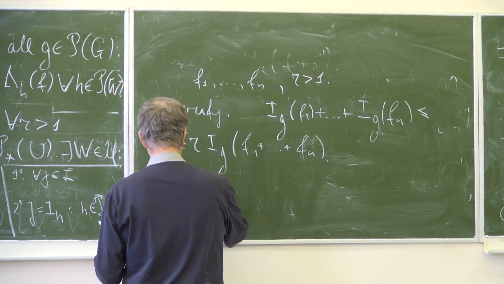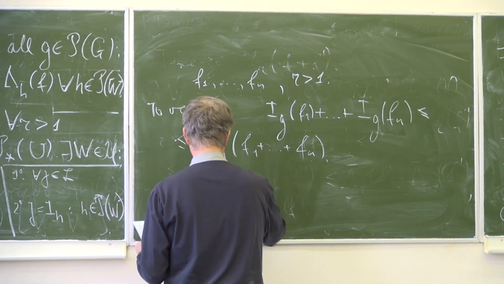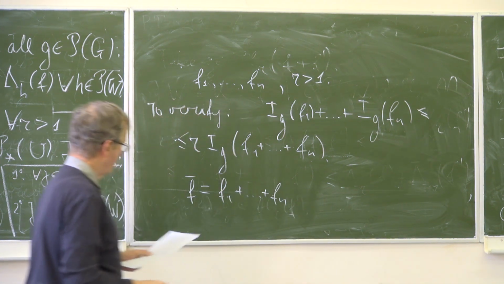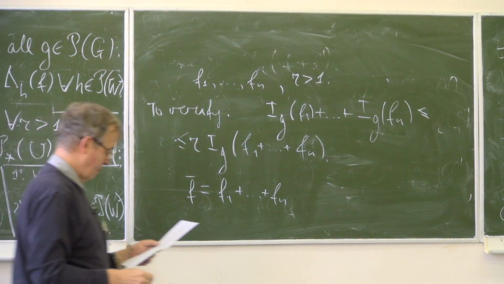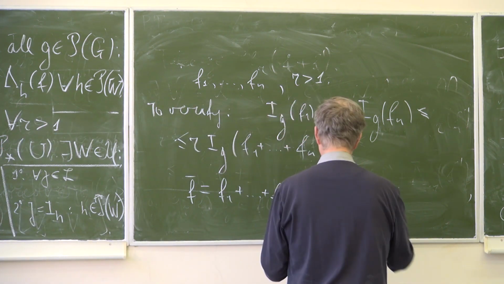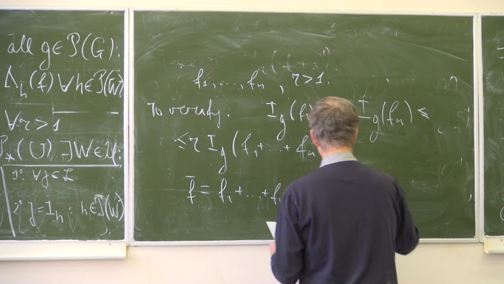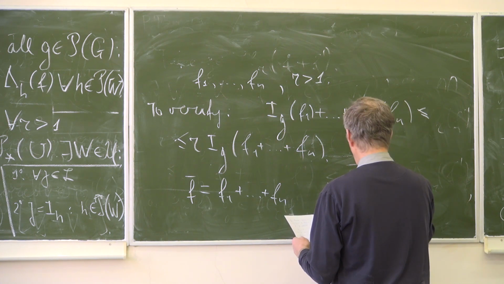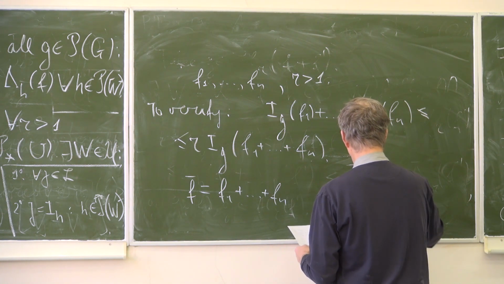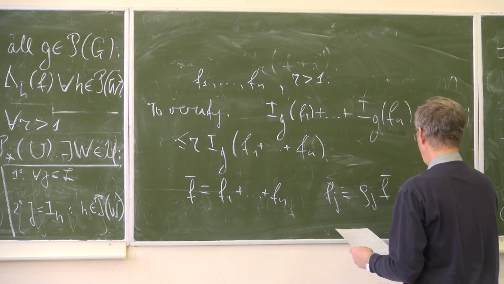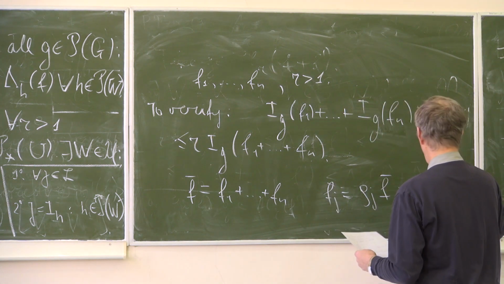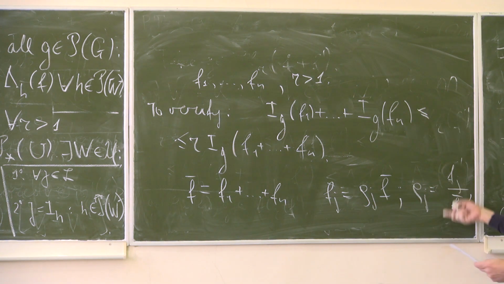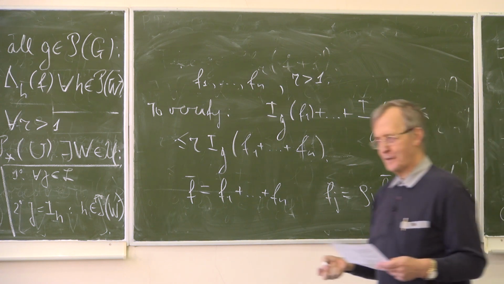Take f bar equal to this sum. Then fj is equal to rho j f bar, where rho j is equal to fj over f bar, and this is between 0 and 1.